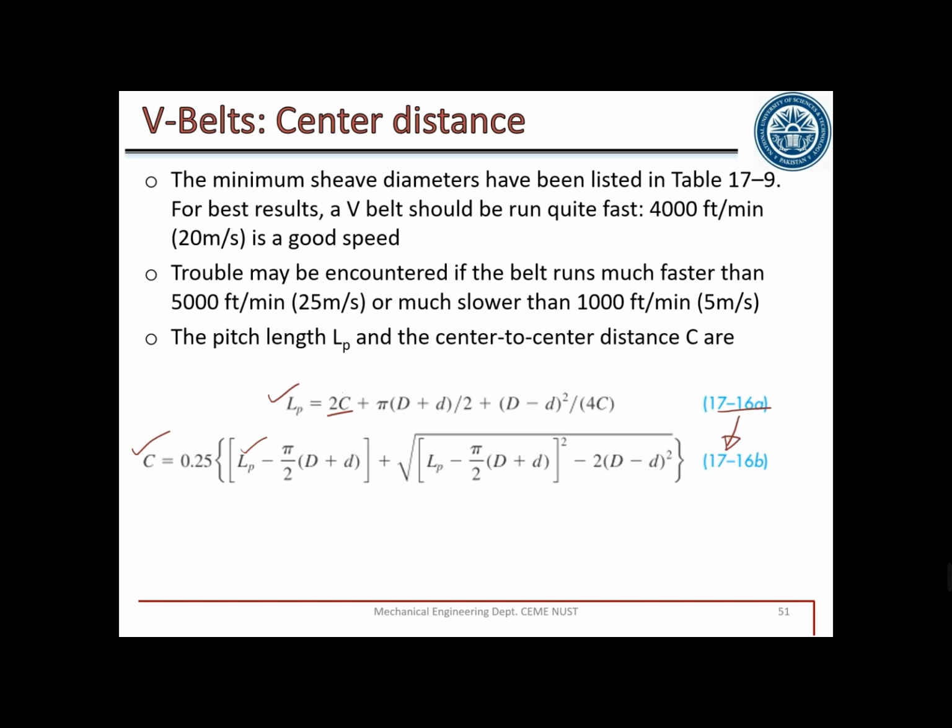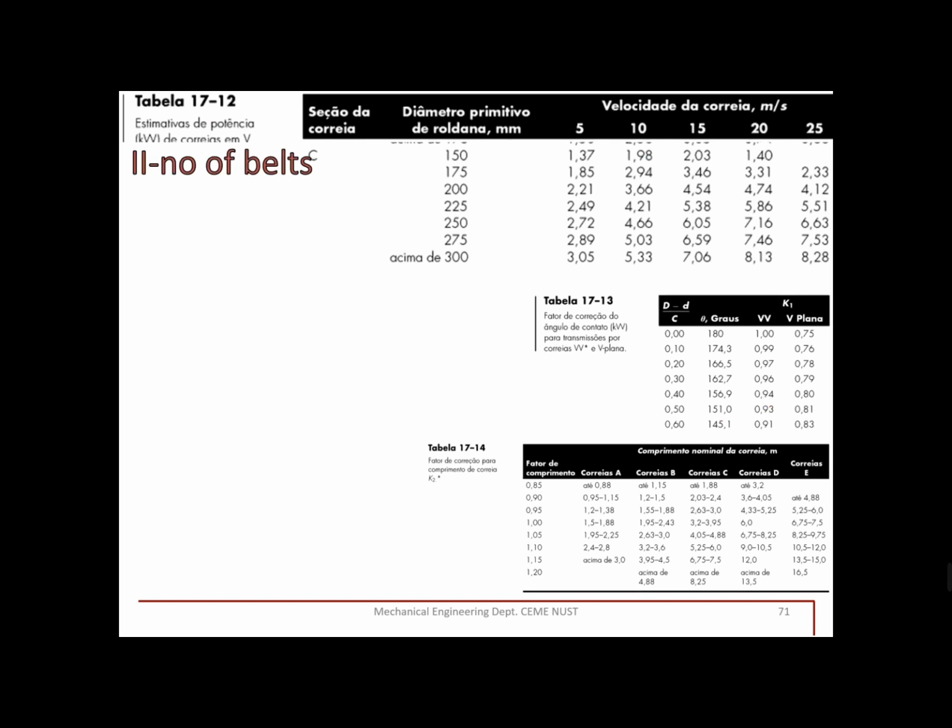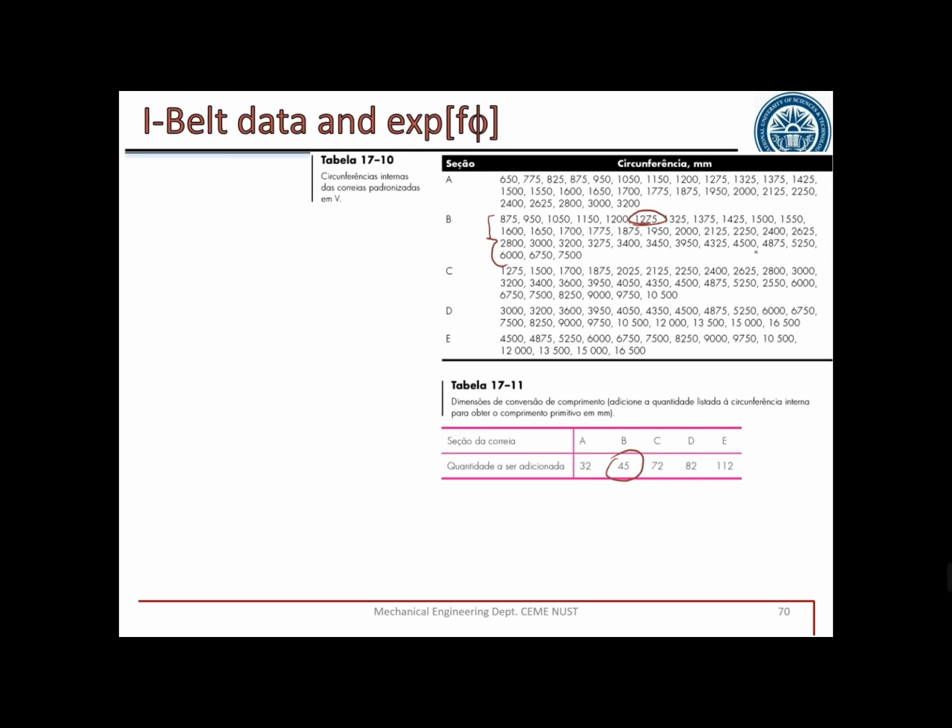If you want to increase Lp, you have to go for a larger belt. After 1275 there will be a belt of 1325 or 50 mm more. So there is no belt which has a dimension in between these two values.